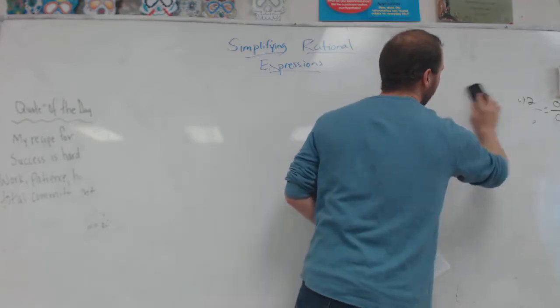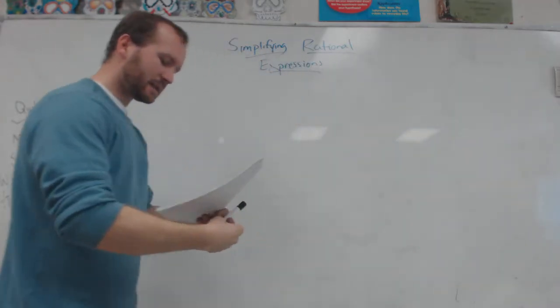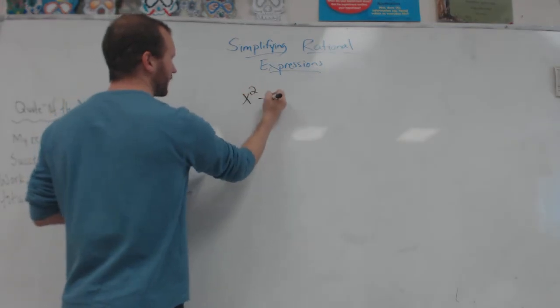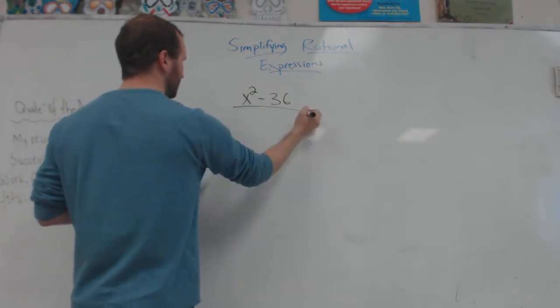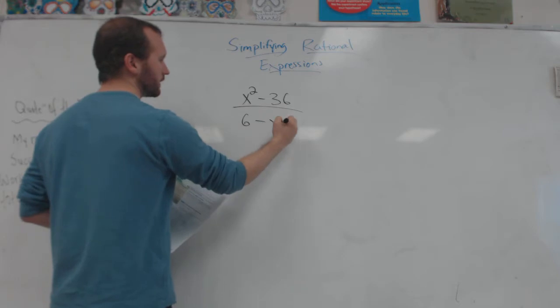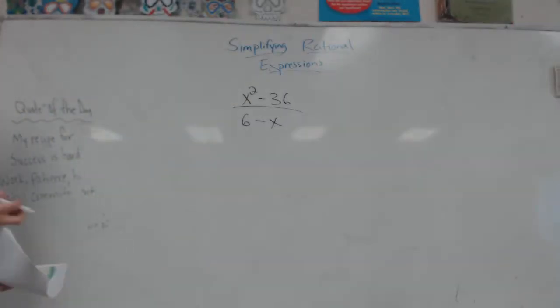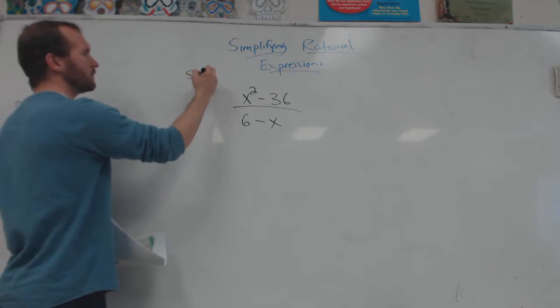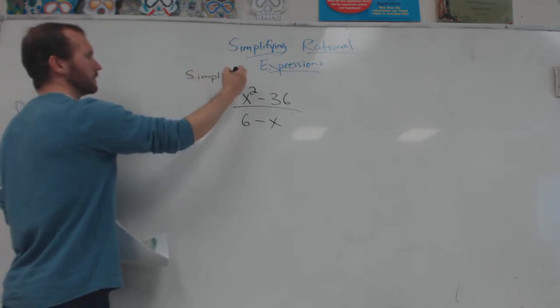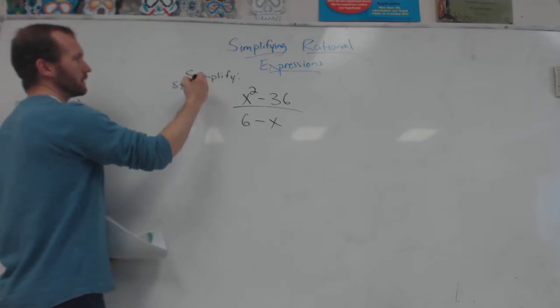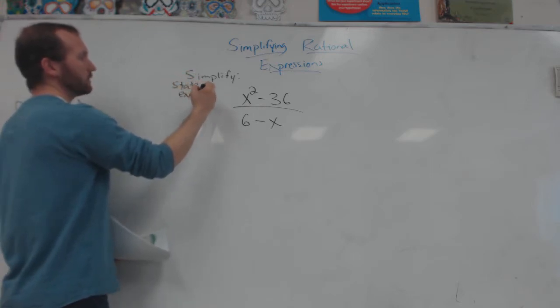just to solidify this. You're going to see a lot of differences of squares with these. So like x squared minus 36, it's fairly common to see a difference of squares when simplifying a rational expression. So the instructions that you'll see here is something like simplify. And it might say state excluded value.